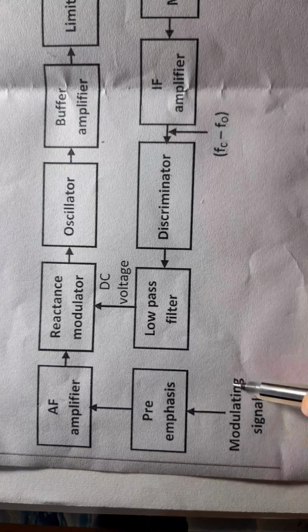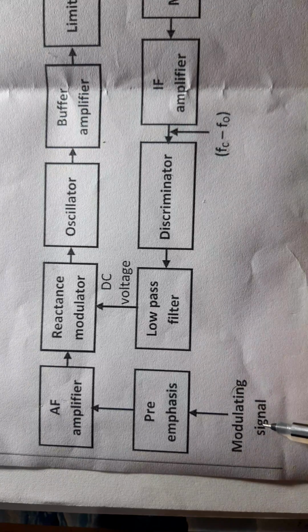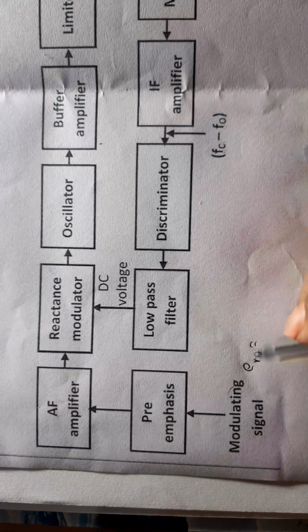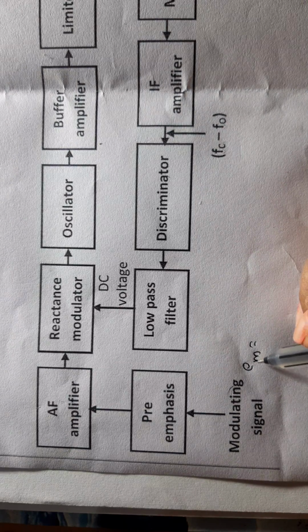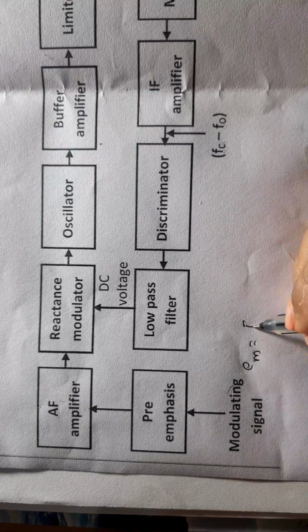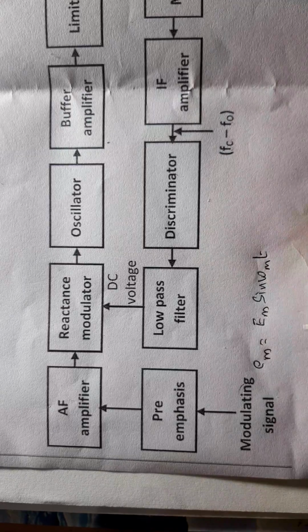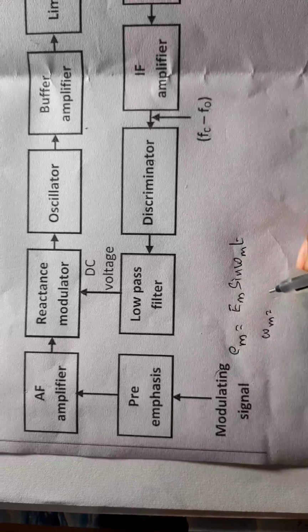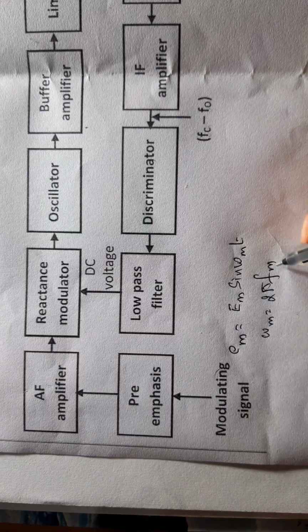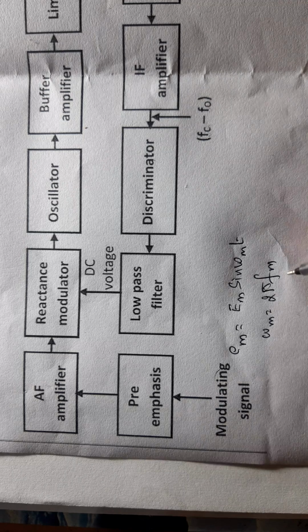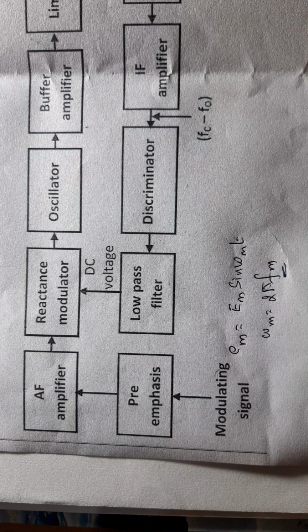Now let us discuss the function of each block. First, consider this modulating signal. This modulating signal is our voice signal, where the modulating signal is represented as capital Em sine omega m t, where omega m is equal to 2 pi fm. fm is called the modulating frequency, that is our voice signal frequency or any message signal frequency, and fm ranges from 20 Hz to 20 kHz.